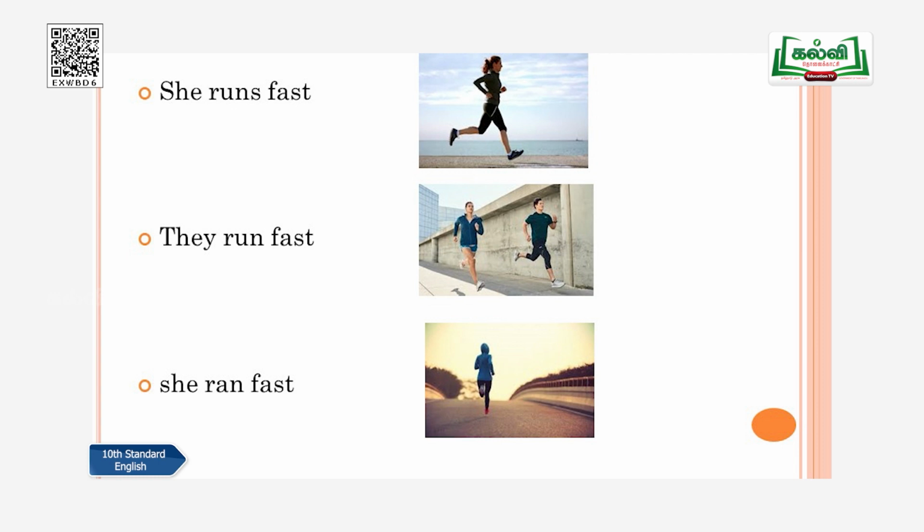And in the second sentence, the subject is plural, they. We are talking about multiple subjects there, right? So we have used run. And in the third sentence, I've used ran. So here we are indicating the time. So I am talking about something that has happened, some action that has been completed, right? So I have used ran there.